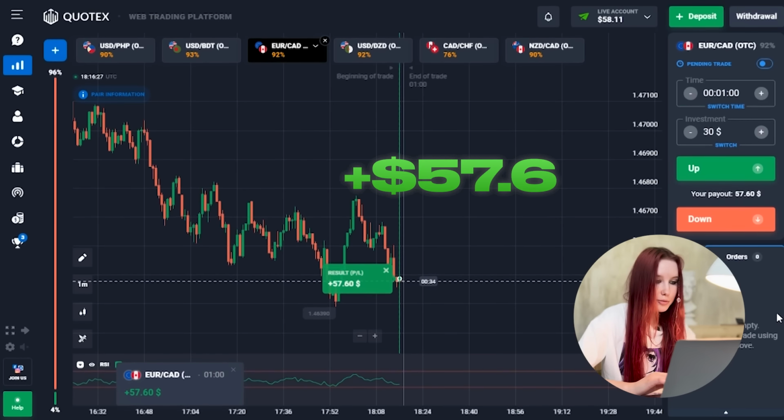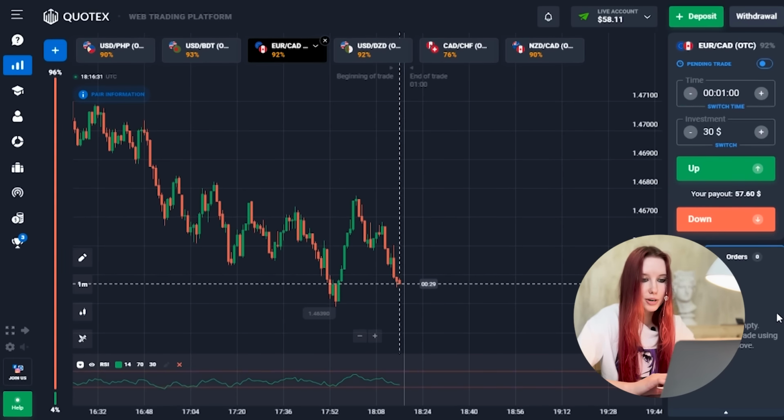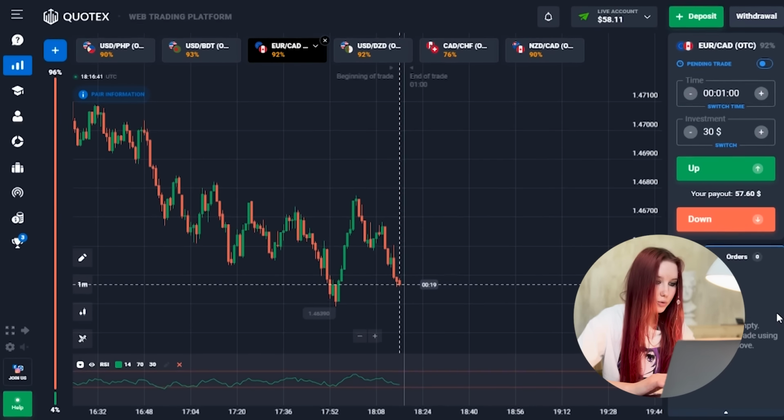Excellent results, I'm in profit, and here we see by the RSI indicator that the price is at the 30 mark. This indicator shows overbought and oversold levels, and at the highest and lowest marks the price starts to turn around, so my trade was here.